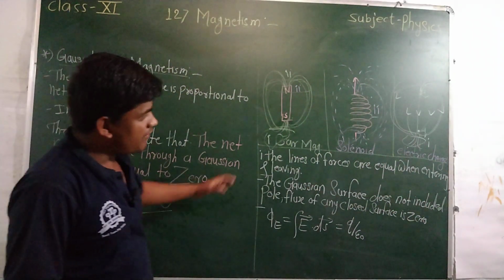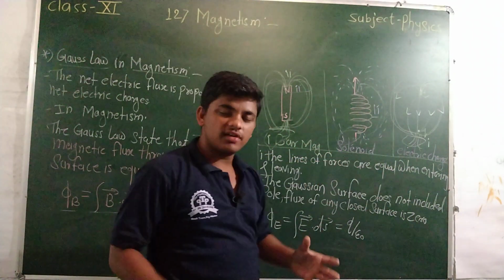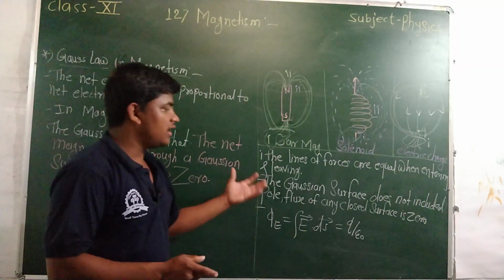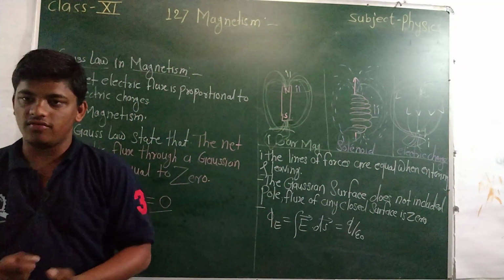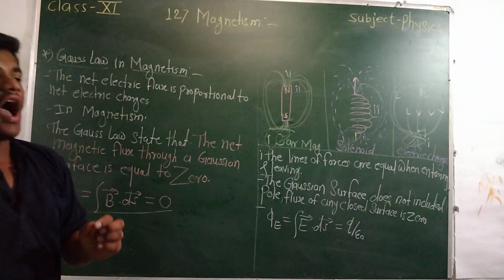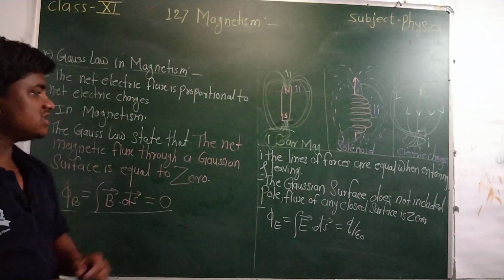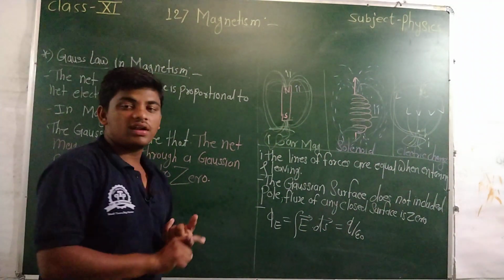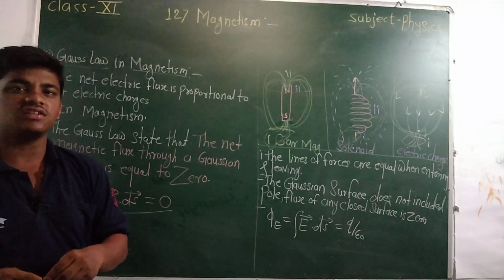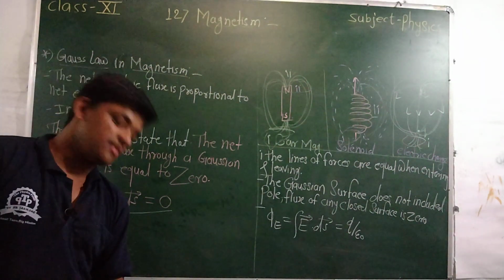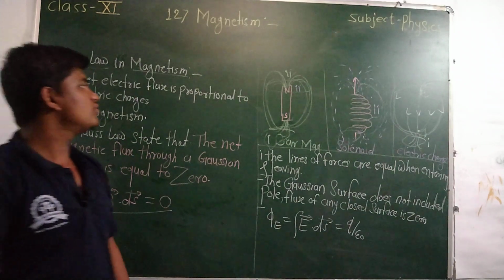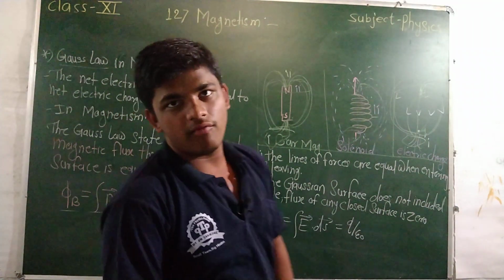We considered different Gaussian surfaces and described these equations. Isolated electric charges exist, but isolated magnetic charges do not exist. This is the main and important sentence for these lectures.